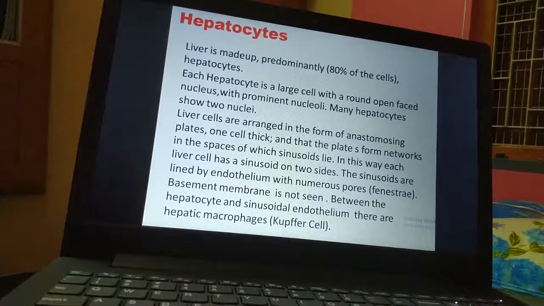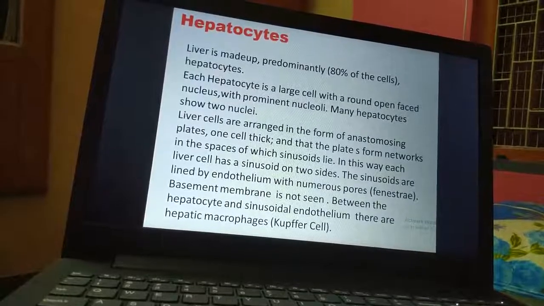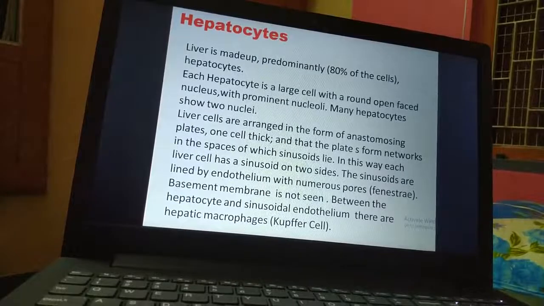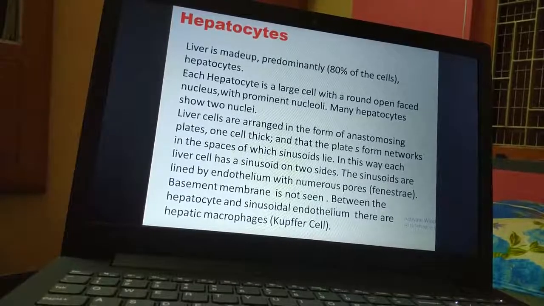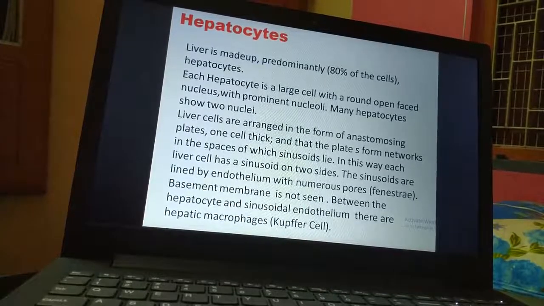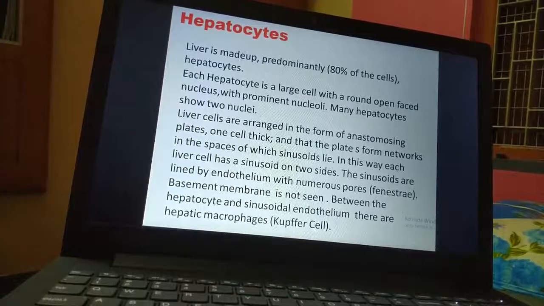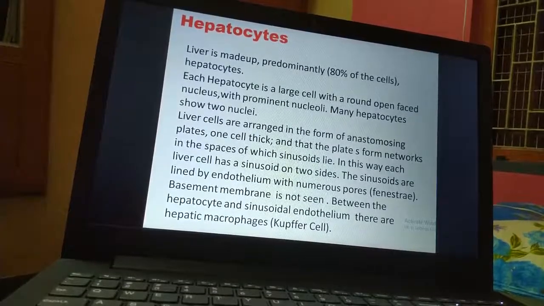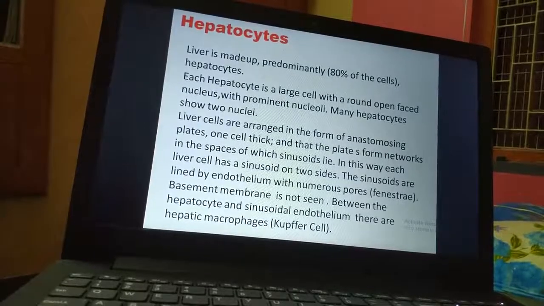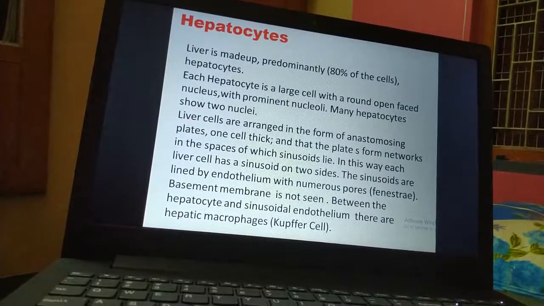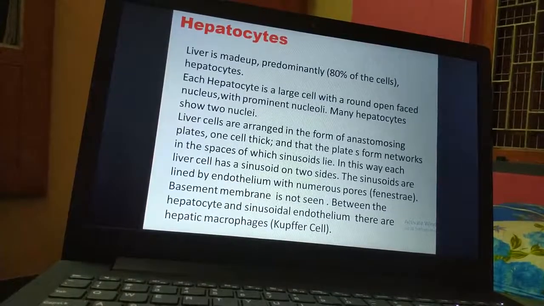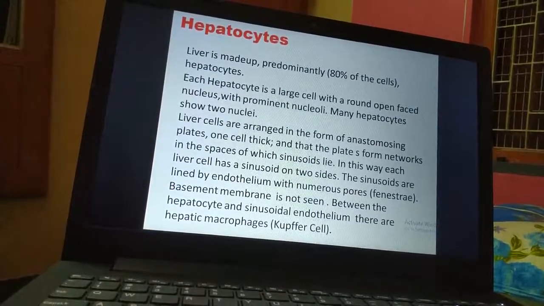Now coming to the hepatocytes. The liver is made up predominantly, about 80%, of hepatocytes, and each hepatocyte is a large cell with a round open-faced nucleus with prominent nucleoli. Many hepatocytes show two nuclei. Liver cells are arranged in the form of anastomosing plates one cell thick, and the plates form a network in the spaces of which sinusoids lie.